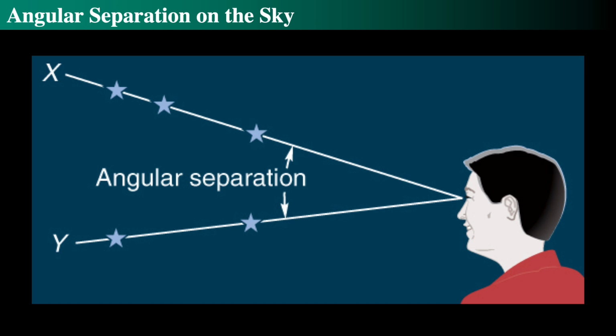We don't care about the distance to the object for angular separation. We only care that we're looking in one direction or another, and it is that angular separation that defines what we're talking about. So this angular separation is only on the sky and has nothing to do with the physical distance from any of these objects.